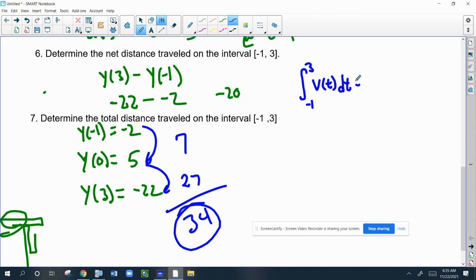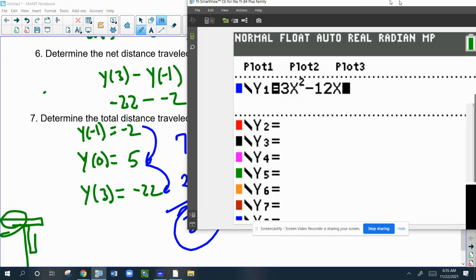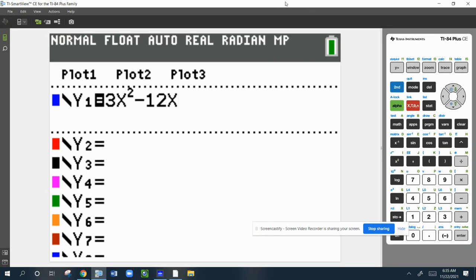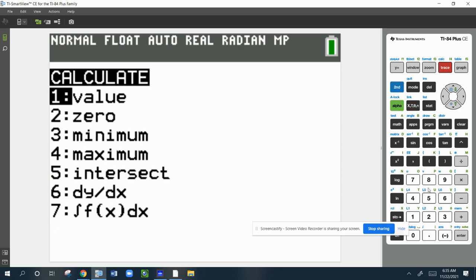You'll see that in a minute, but you don't really have to understand that just yet. Know that you could do it, because this is how easy it is on the calculator. If you plug in your velocity, 3t squared minus 12t, and second calc integral, that's 7.